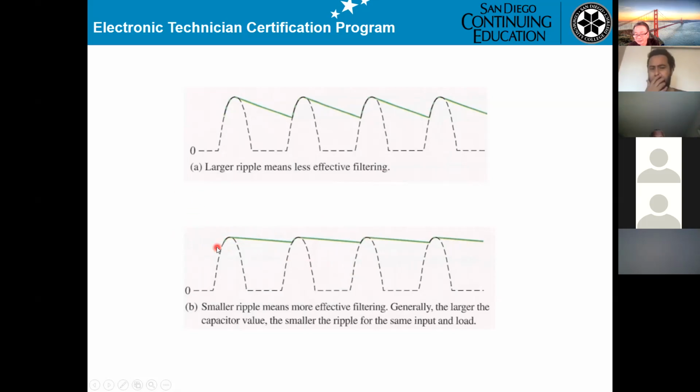So the time you need to charge will be much higher than the time you discharge. When it discharges very briefly, then it charges again. So that's why.